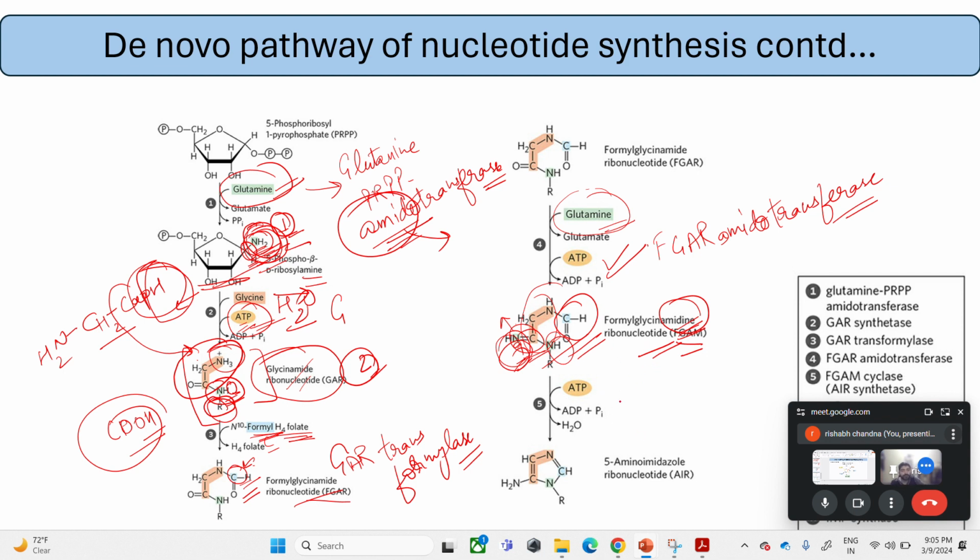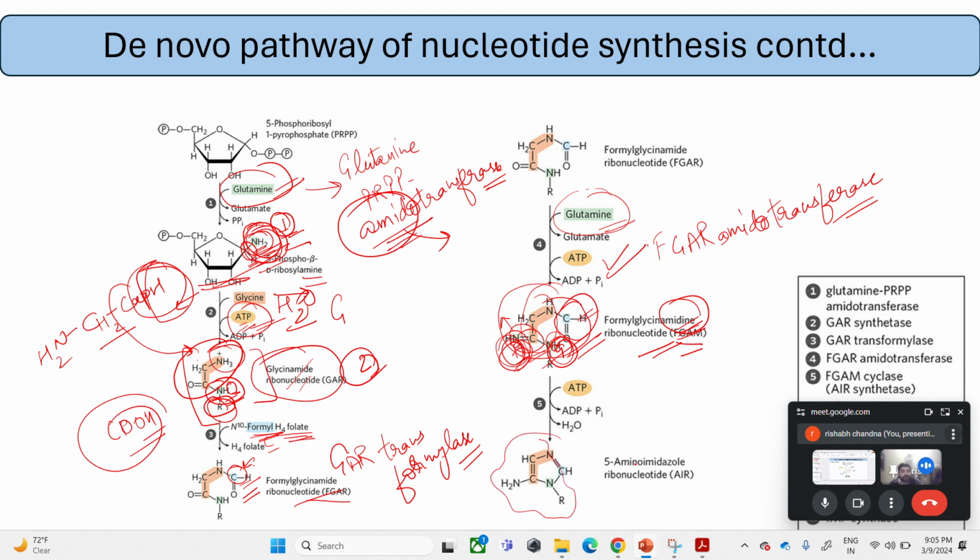Now what happens? The five-membered ring is formed. Sorry, this is the first nitrogen, this is the ninth nitrogen. Now this five-membered ring is completely formed in the next reaction using ATP. This is an imidazole kind of structure.